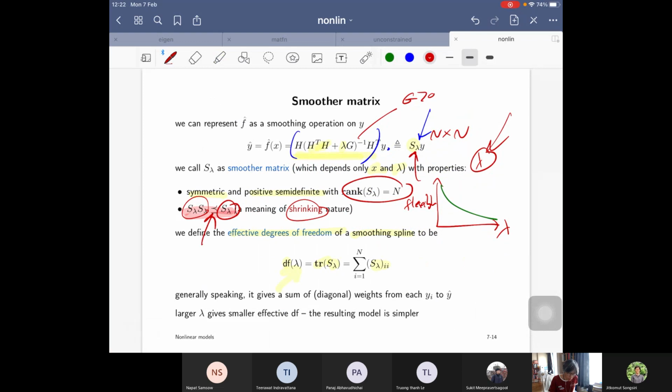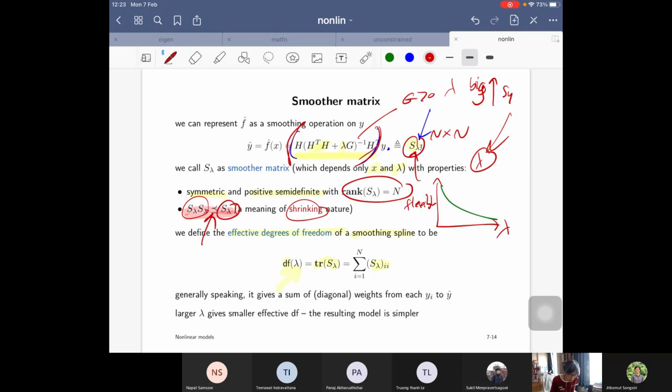Now let's take a look. When lambda is big, what happens? Is the matrix S big or small?